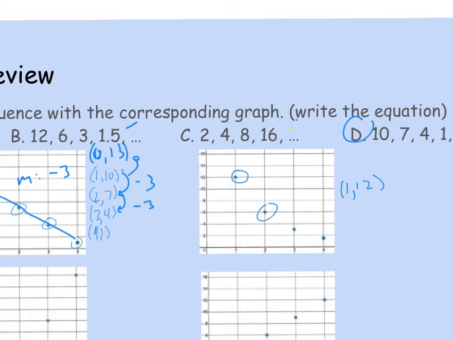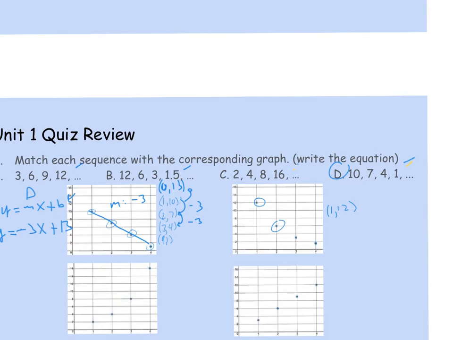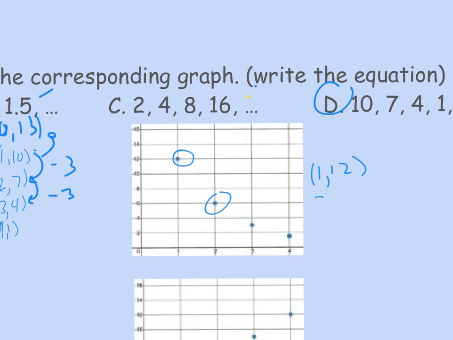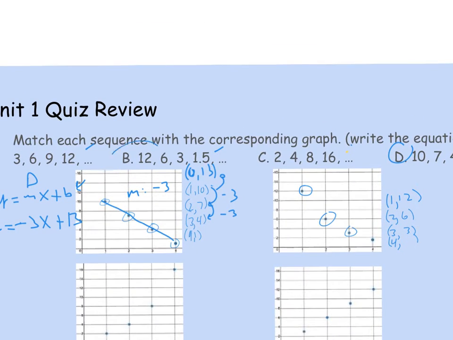Next one is 2, 6. I can't see that very well. Then we got 3, 3, and then 4, and I'm not really sure what that one is, but I got 12, 6, and 3. So this one is B.